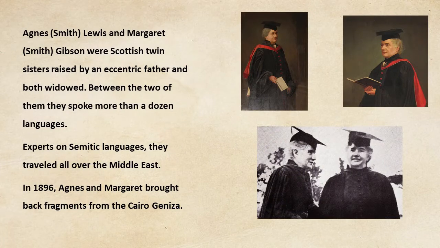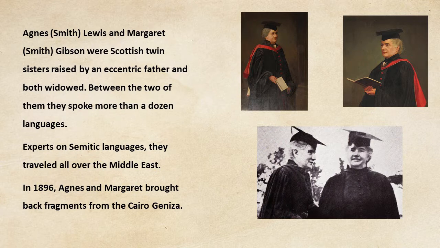Then, in the late 1800s, these are two sisters here, Agnes and Margaret, both Smith, but they were both married. Agnes Lewis and Margaret Gibson. They were two Scottish twins raised by a very eccentric father, very independent girls.